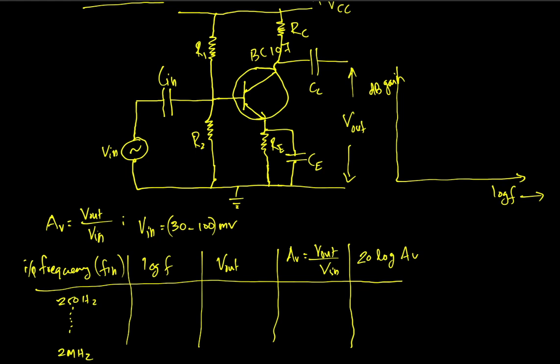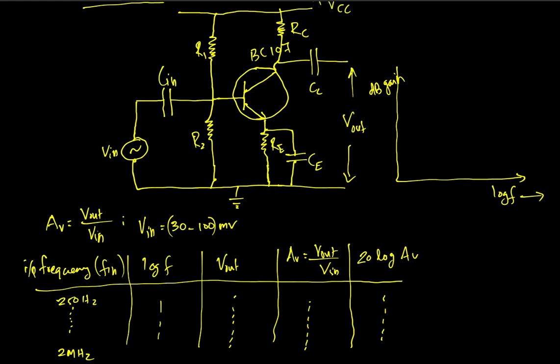So the corresponding log of frequency values will be obtained here, and the corresponding output values will be obtained here, and from the output and input voltages we can calculate the voltage gain. Remember that the input voltage is constant, only the input frequency is changing here, and the corresponding decibel gain is calculated here.